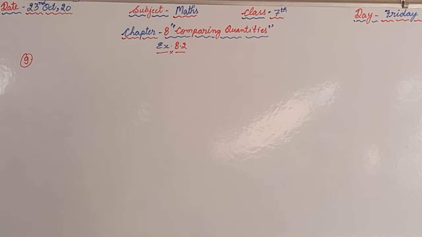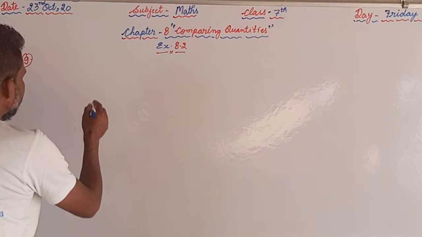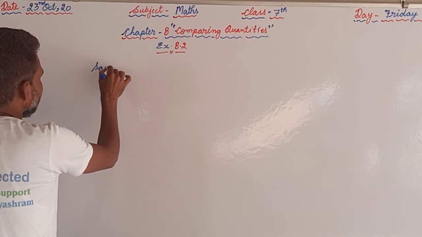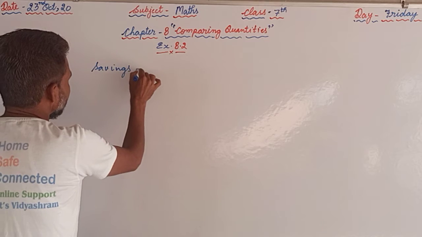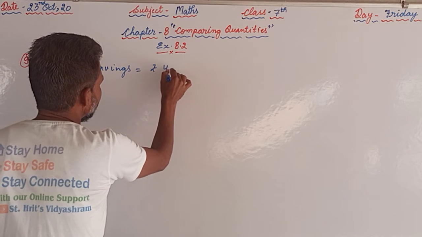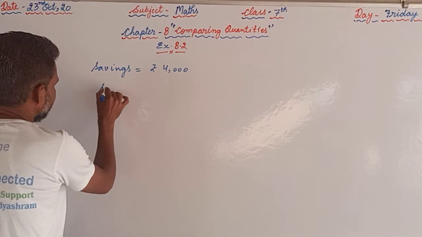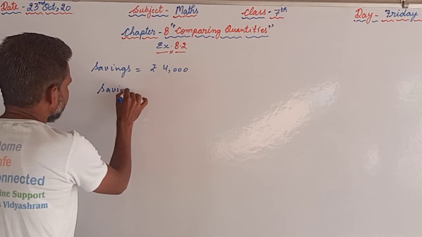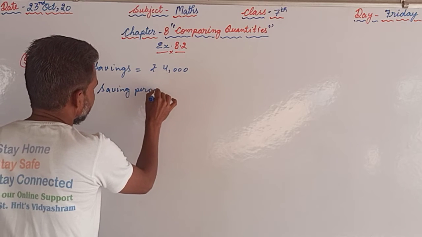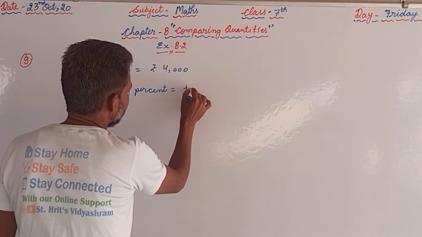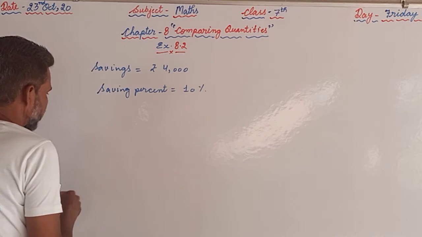Meeta saved rupees 4,000 from her salary. Savings, first of all we should note down the savings, rupees 4,000. If this is 10% of the salary, saving percent is equal to 10%.